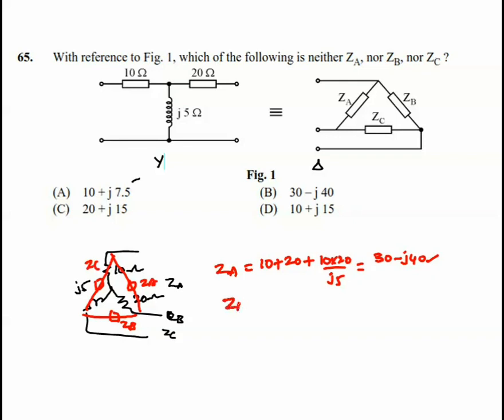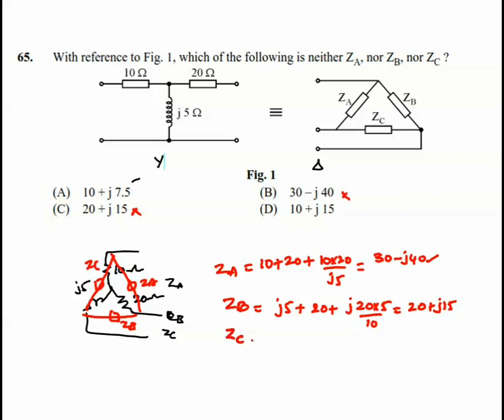So this option is not right, and take ZB here. ZB is equal to j5 plus 20 plus j20 into 5 divided by 10, which is nothing but 20 plus j15, also available as an option. So this is not the option.